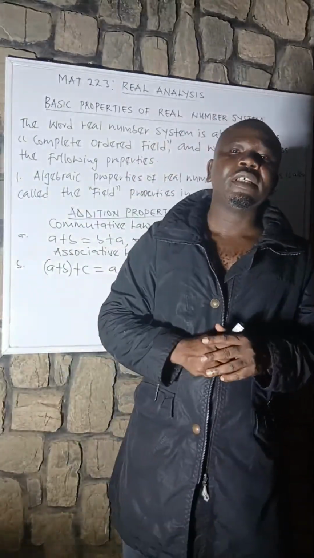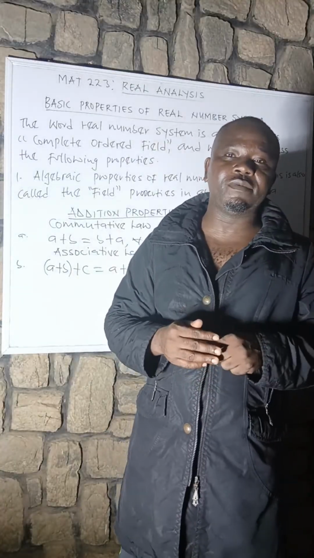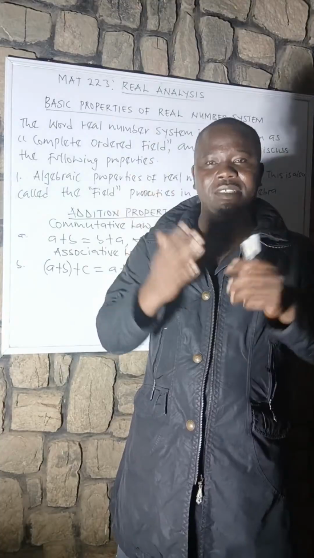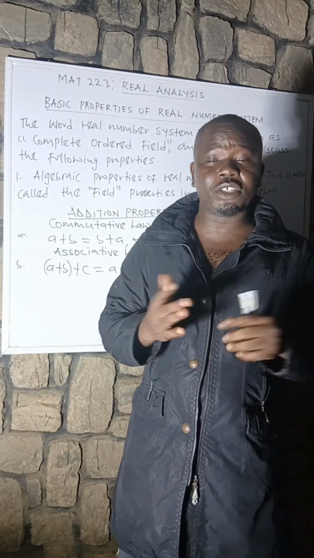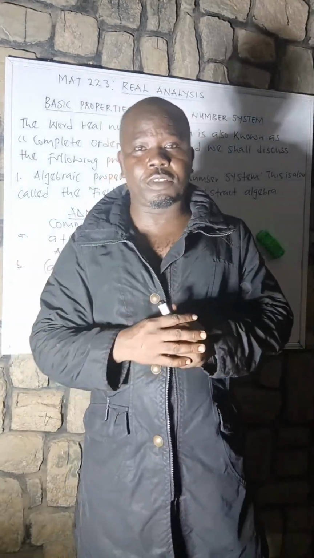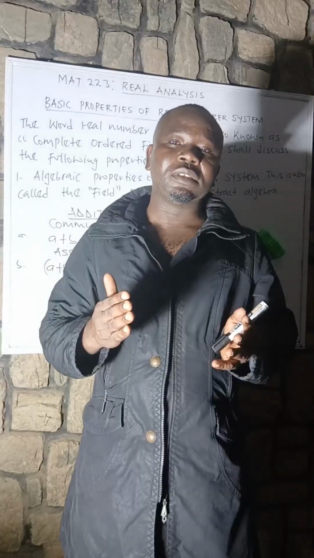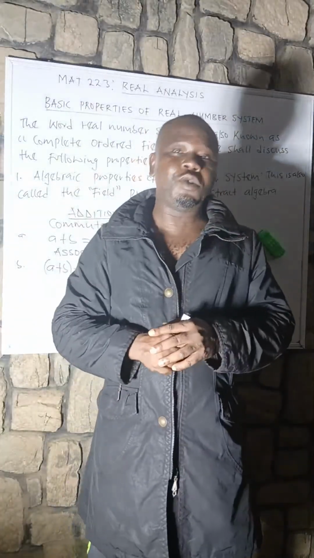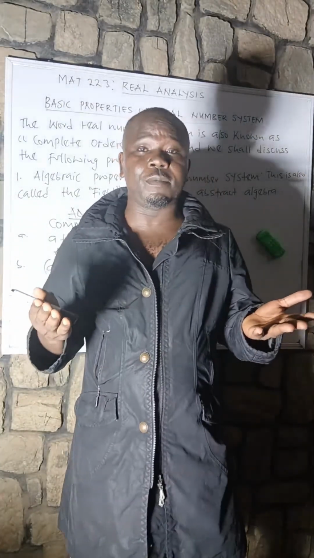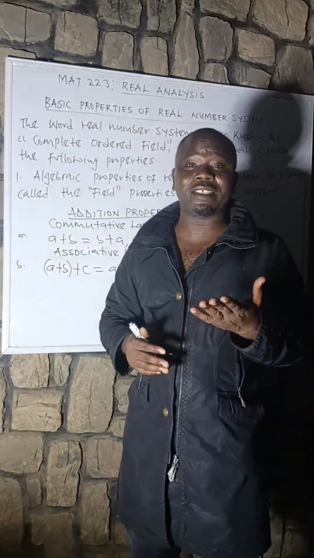Do you know when you make use of associative law? Okay, let's look at it this way. In real life, sorry to mention, those of us that have, as long as you have more than two girlfriends or boyfriends, you are applying associative law, unknown to you, but that is mathematics.